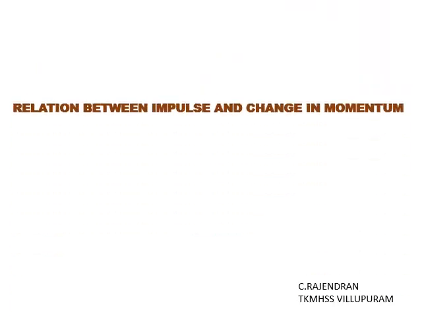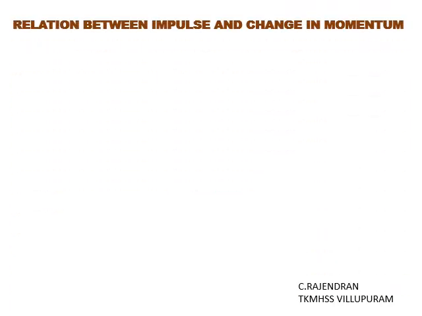Right. Then next, now we are going to derive a relation between impulse and change in the momentum. So already we know what is impulse: J is equal to F into t. We know the change in the momentum, final velocity minus initial velocity, that already we know from the previous classes.